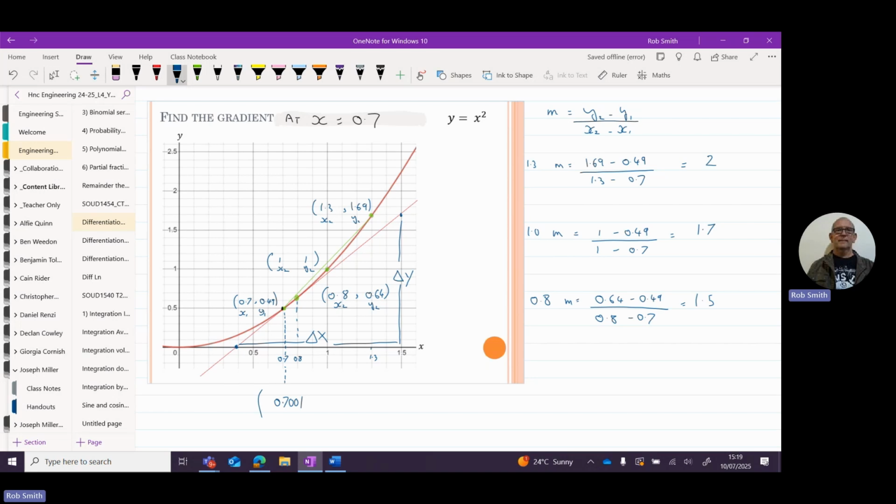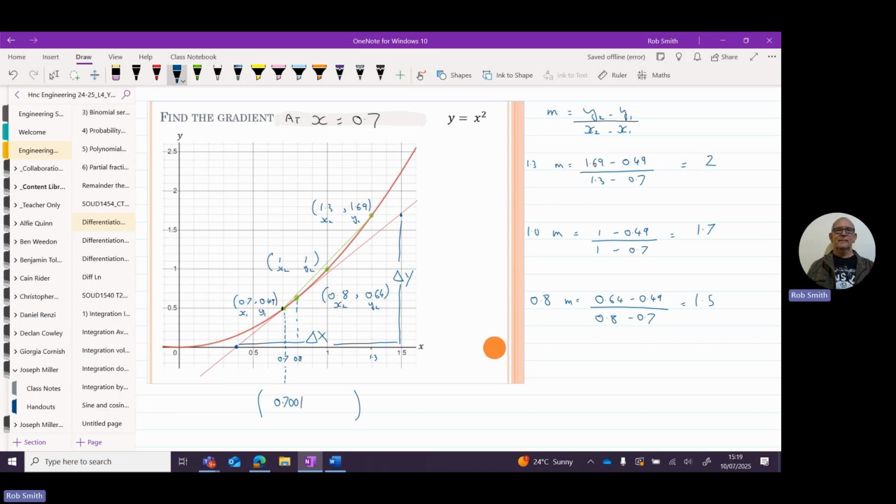So then if I work out the value of x squared, it's going to be... my calculator failed.